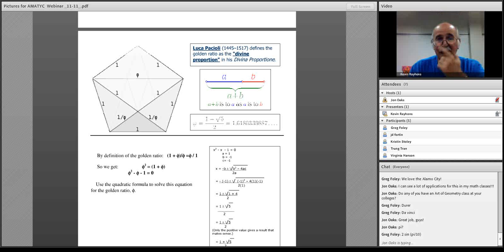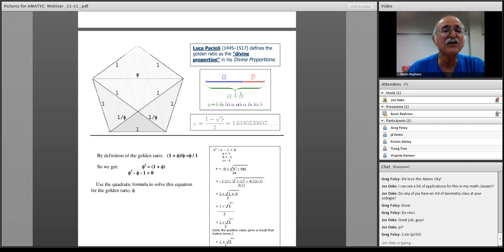It means that you can take a line and divide it in two pieces so that the ratio of the whole thing, A plus B, to the blue piece, A, is the same as the ratio of A to the little tiny piece of the line.